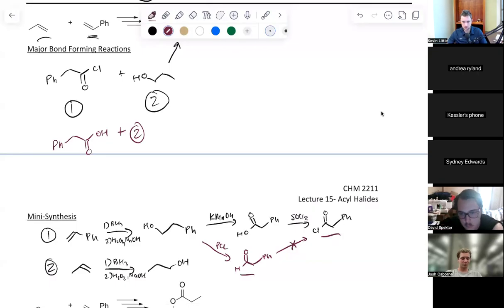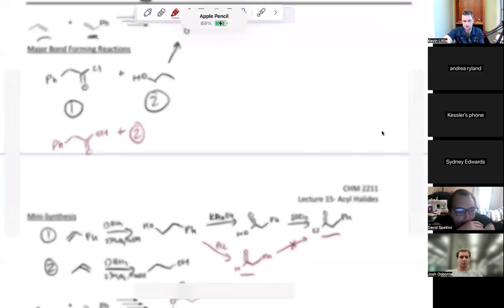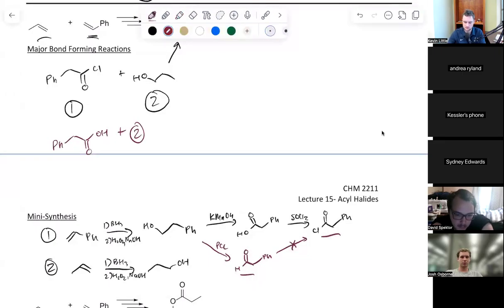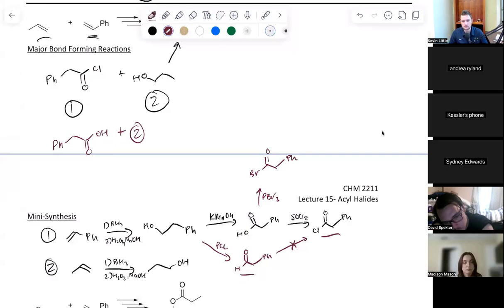Yeah, I'm okay if you wanted to use PBr3 to put a bromine on. It's a little bit less traditional, but I'm cool with it. It should work. So if instead of SOCl2 you wanted to keep things consistent, and do that, yeah, that works.